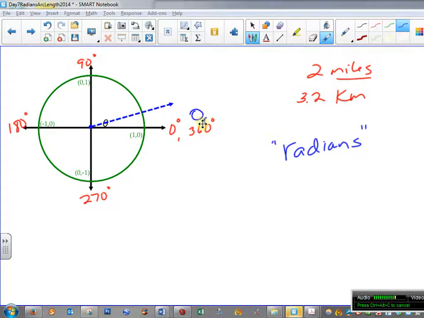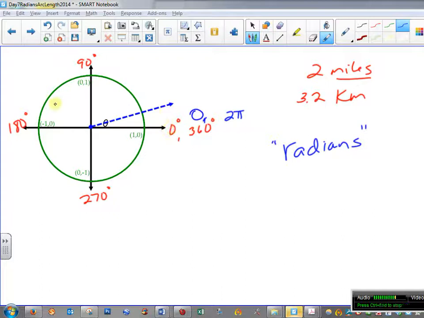This is 0. On the previous slide, you saw that going full circle means we've gone 2 pi. So just like we can have 0 degrees and 360 degrees, 2 different names for the same location, we have 2 different radian names for that location, 0 and 2 pi. And if we went around again, it'd be 4 pi, and around again, it'd be 6 pi.